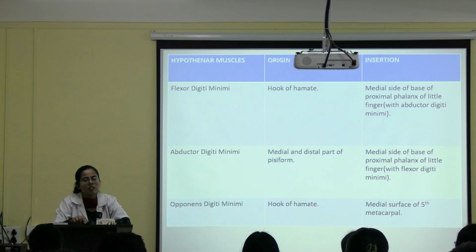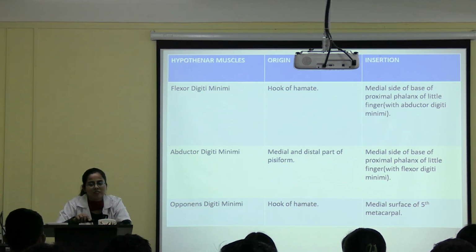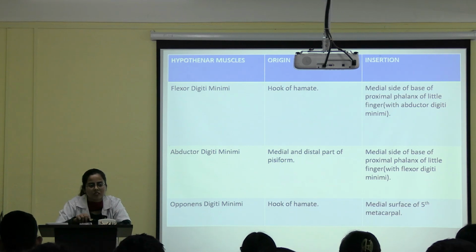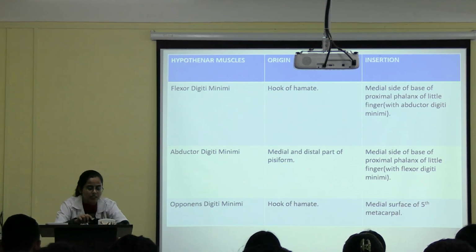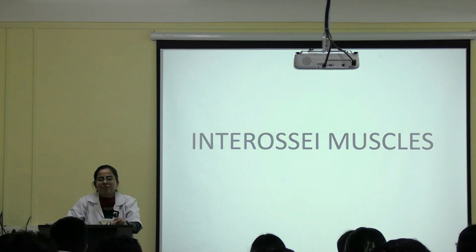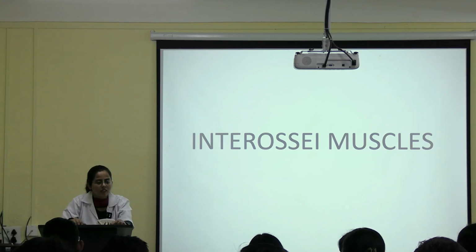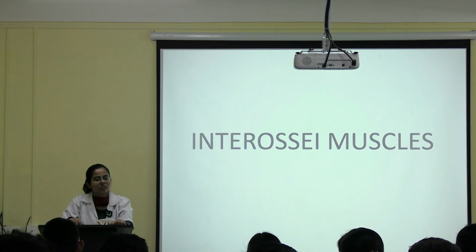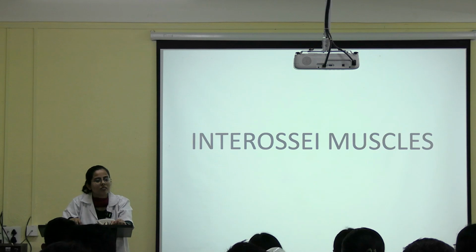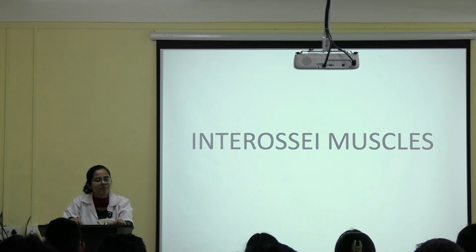Hypothenar muscles. How many hypothenar muscles? What are the names? Opponens digiti minimi and abductor digiti minimi. So, how many interosseous muscles? I mean, what are the types? Palmar and dorsal. Nerve supply? Ulnar nerve.